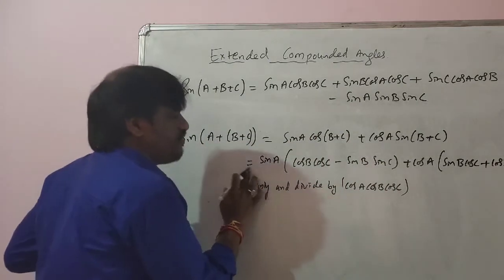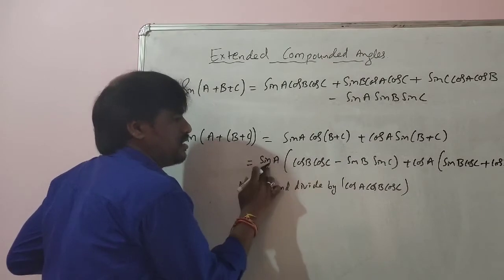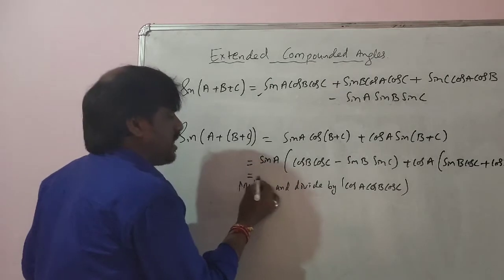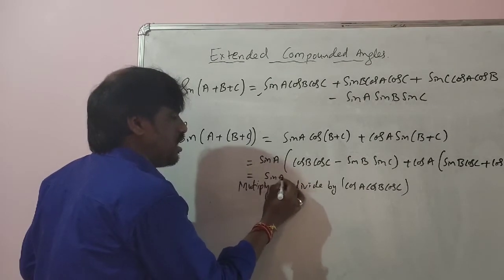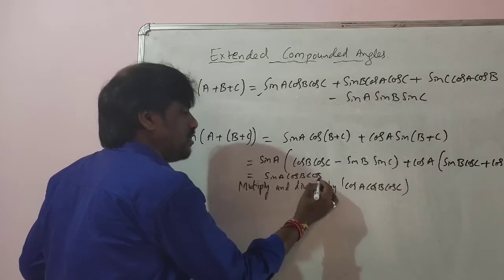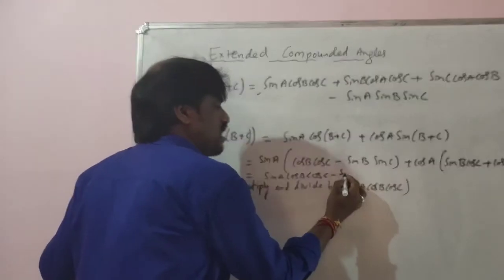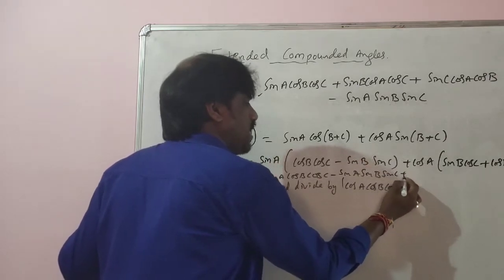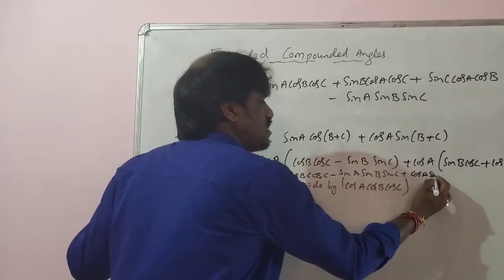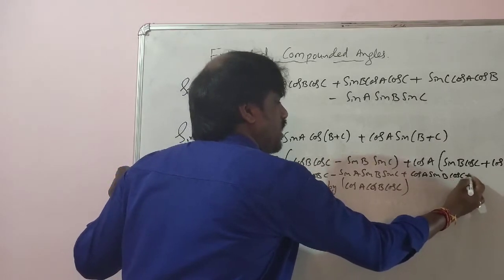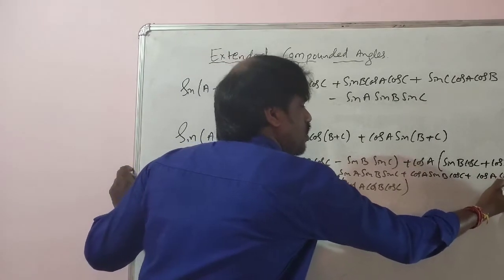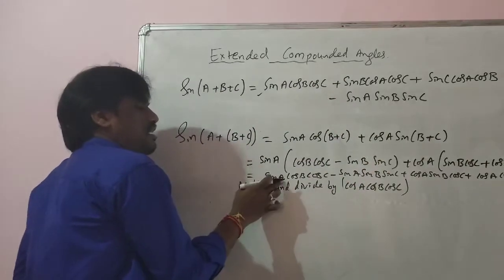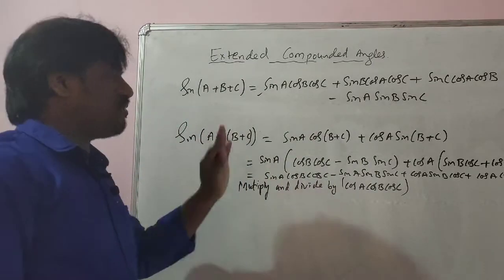After this, if I multiply, I get sin a cos b cos c minus sin a sin b sin c plus cos a sin b cos c plus cos a cos b sin c. This is the exact formula, and both formulas are the same. So hence we proved it.